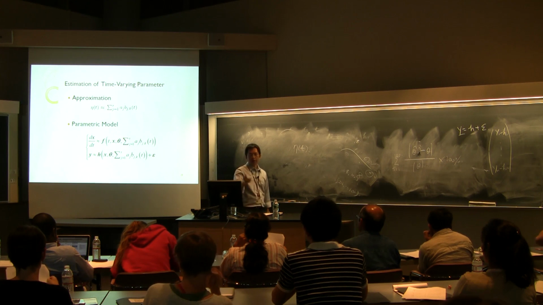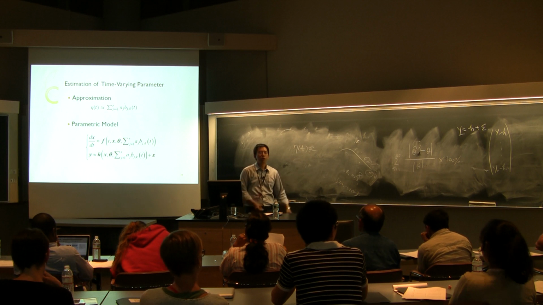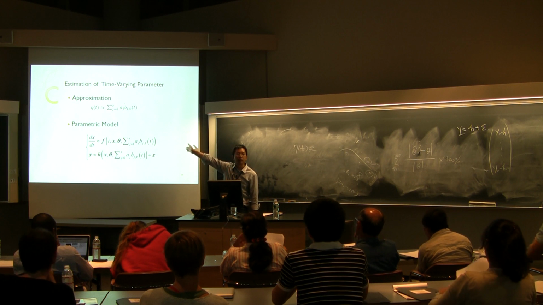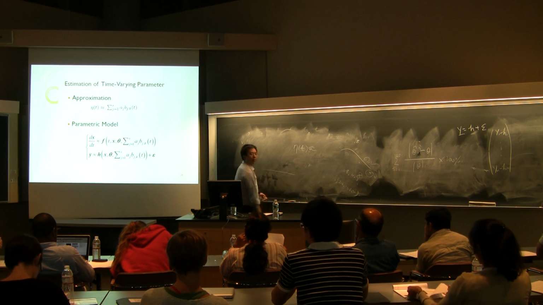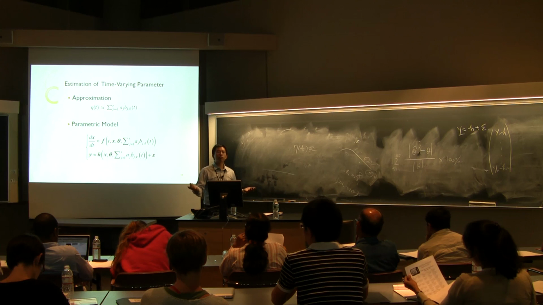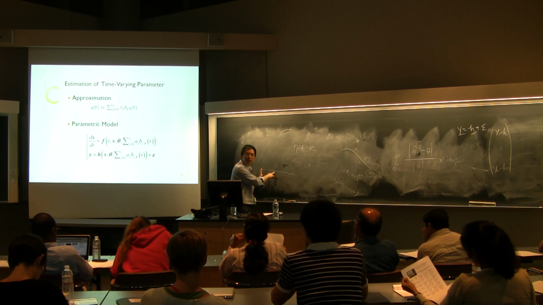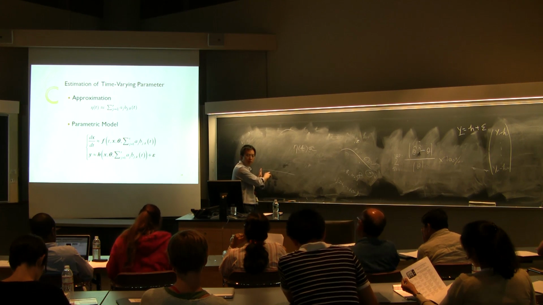That's why we need to do approximation. So use a linear combination of some basis functions. The so-called basis function is just some pre-specified function form that you can use to approximate curves of arbitrary shape.